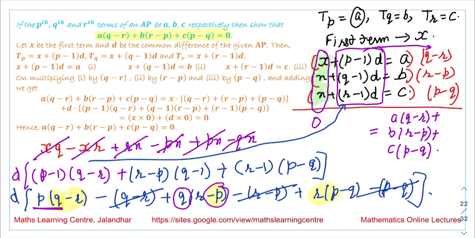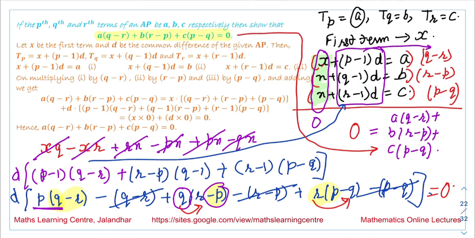Then the next term we are left with is r into q, and from this term we will have r into q, so this term is also equal to 0. So this whole term will be equal to 0, and this is what we have to prove, that a into q minus r plus b into r minus p plus c into p minus q is equal to 0. And this is why we have multiplied these three terms over. This is based upon this.